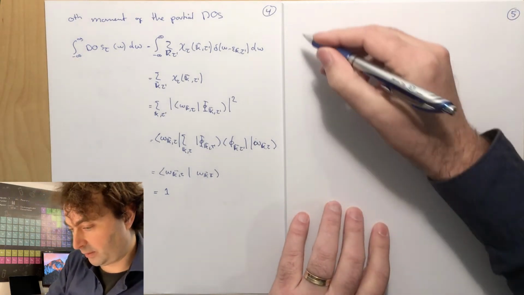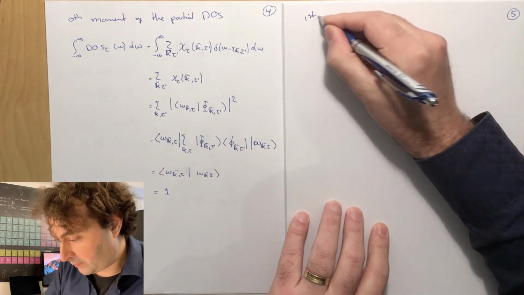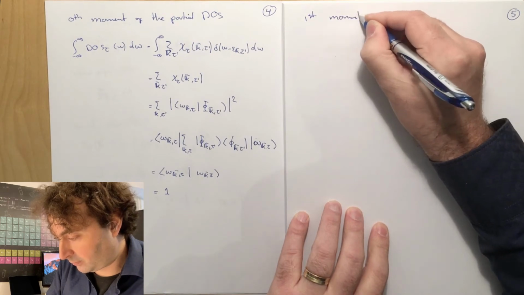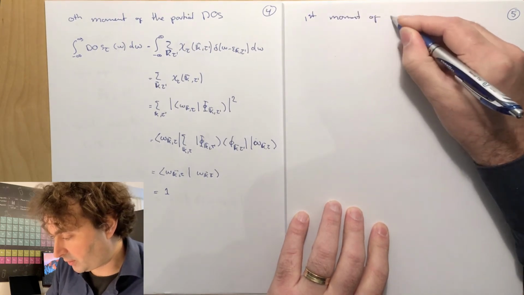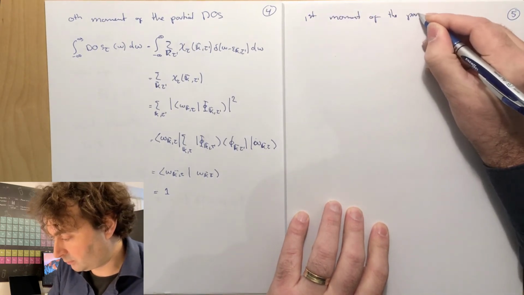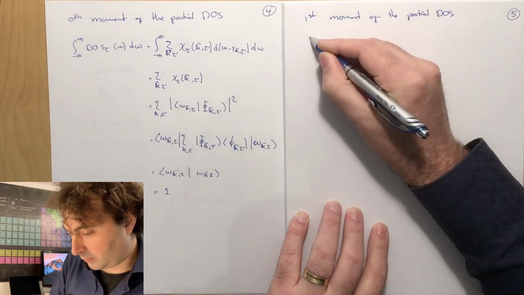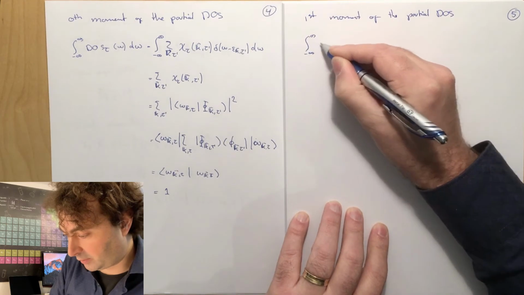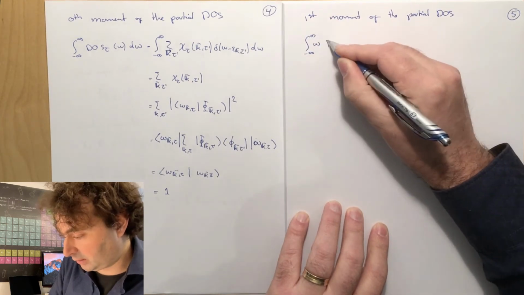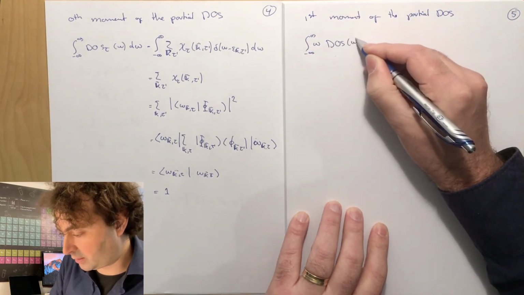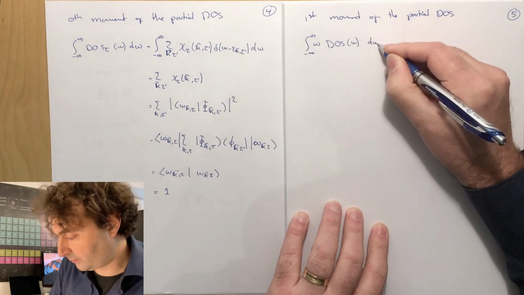The second is the first moment of the partial DOS. And we now integrate from minus infinity to infinity the energy times the density of states at that energy.